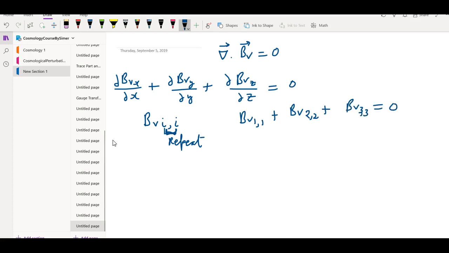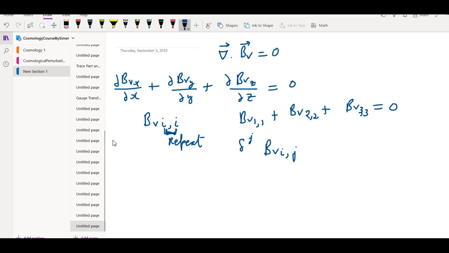In order to write it in proper tensor notation, we can write it as B_V_i,j, and here I would like to contract this on j.